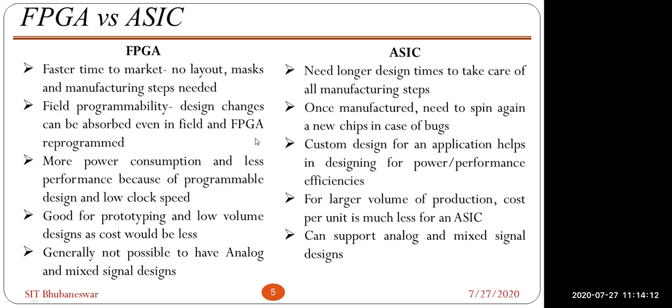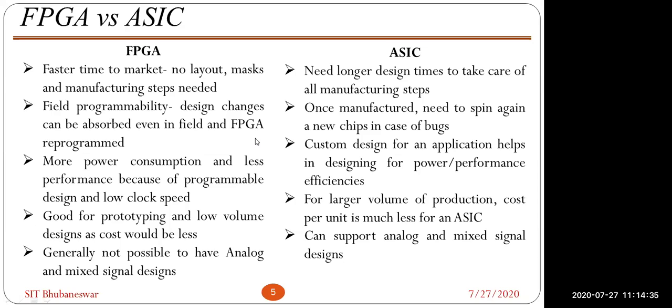But here, it means a large volume of production. You have decided, I want this chip for this application, so you have to go for that, and you have to take all the precautions, everything, and then we go for fabrication.